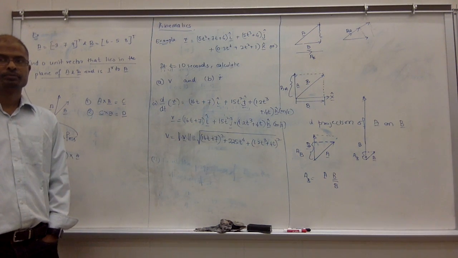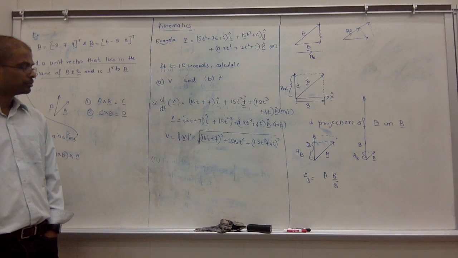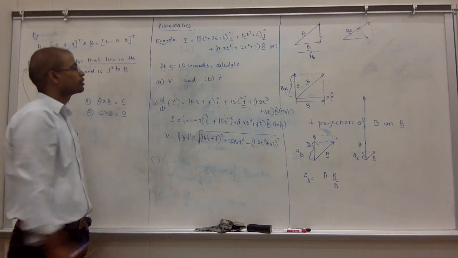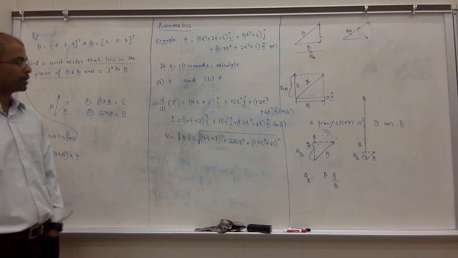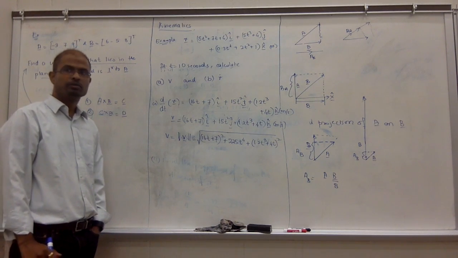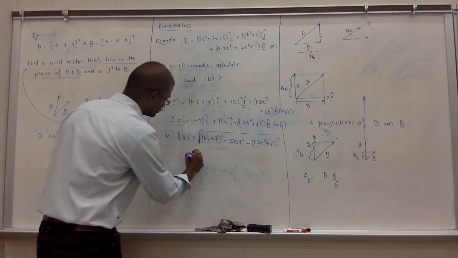This is your V, and you're asked to figure out V at t equal to 10 seconds. You just substitute t equal to 10. So what are you going to get?